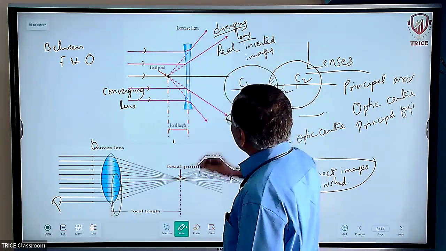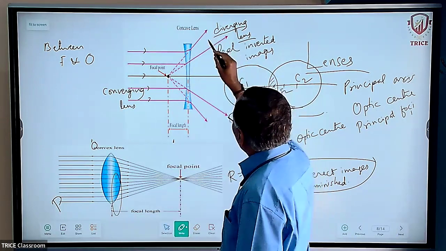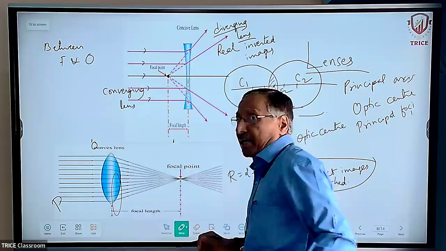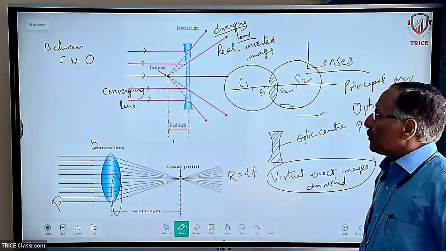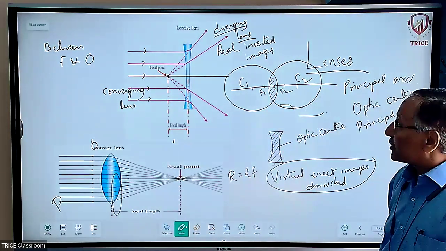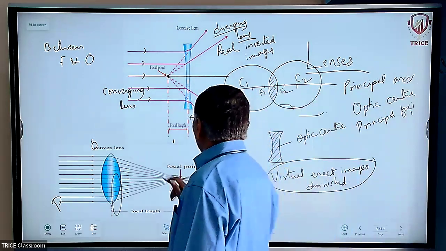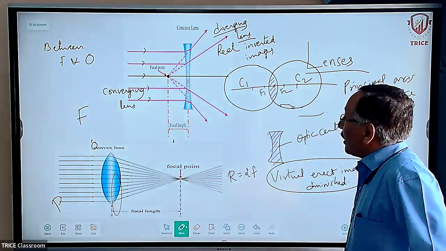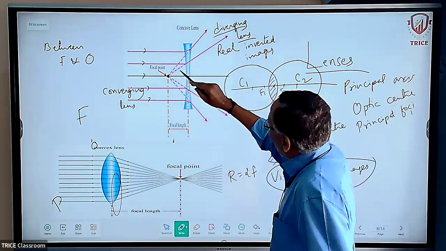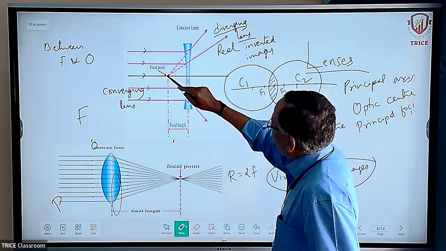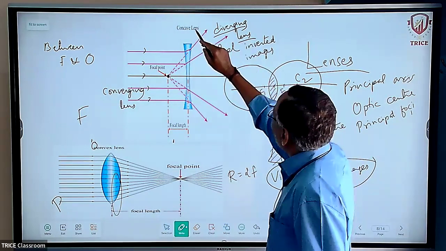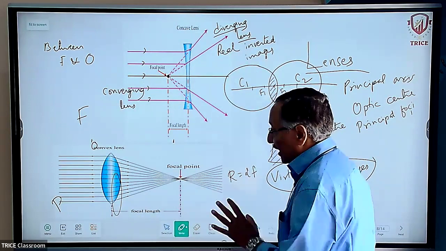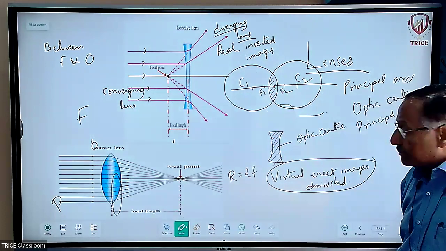They get refracted, and when you extend these refracted rays, they meet at a point on the same side of the lens, which is again called the principal focus. Now, all these light rays appear to be coming from this point. That's why a concave lens is called a diverging lens. Here it is called a converging lens.